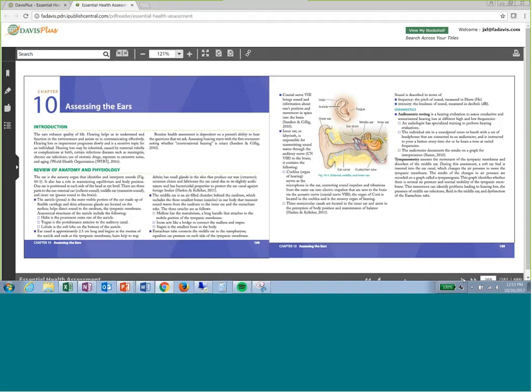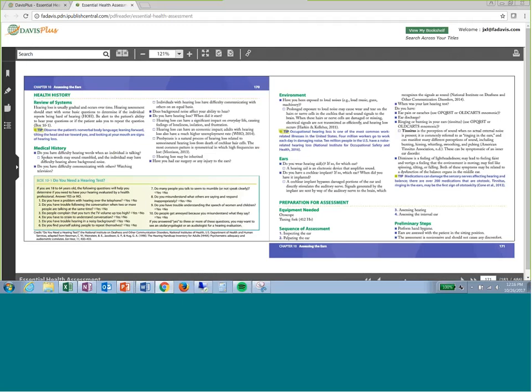Okay, and then we go to the health history. You want to start out with a health history, obviously, because you want all that foundational information. The medical history, the environment, the family history, whatever is going to impact that system, you want to have it right out in the open right then.